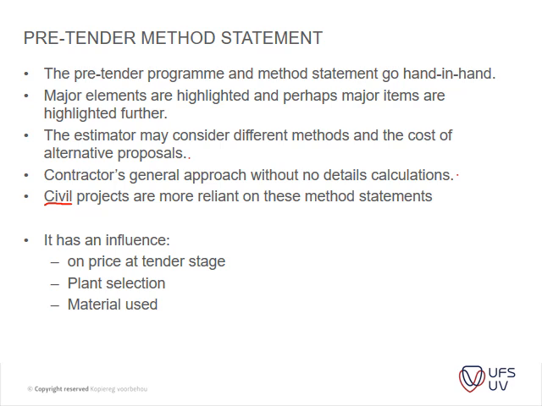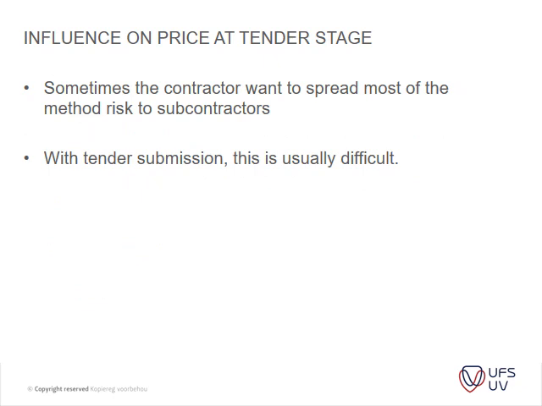It has an influence on the tender price, plant selection, and the materials. The influence on price at tender stage is that sometimes the contractor wants to spread most of his risk to the subcontractors through the method statement. So that's something that one can do, or think about, through a method statement.